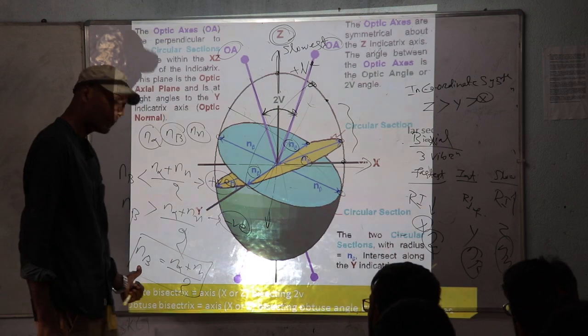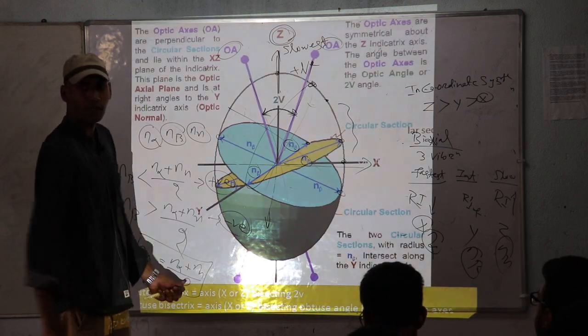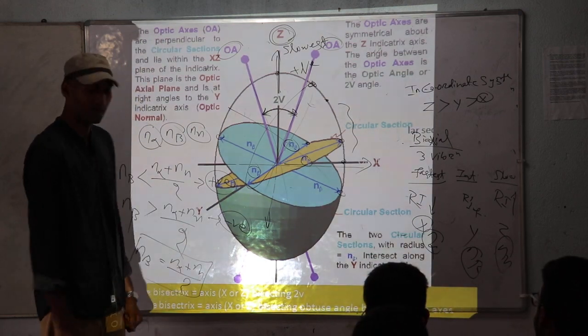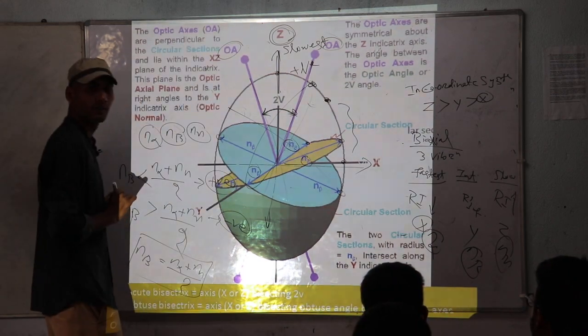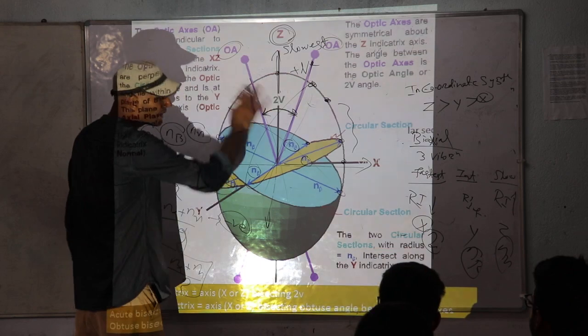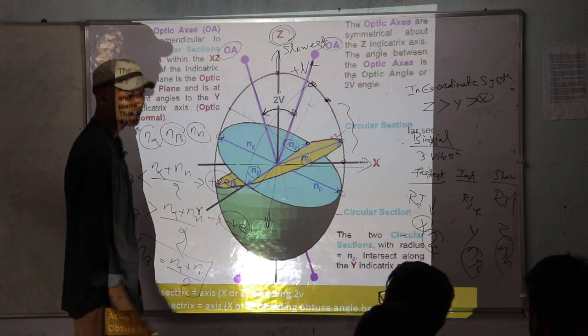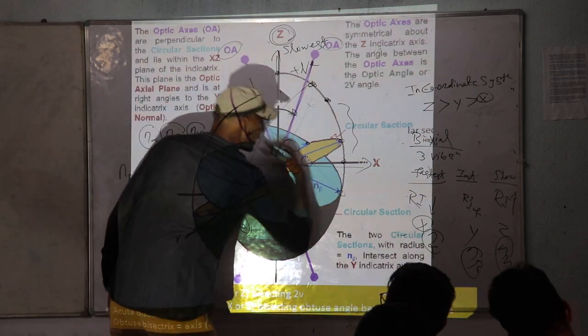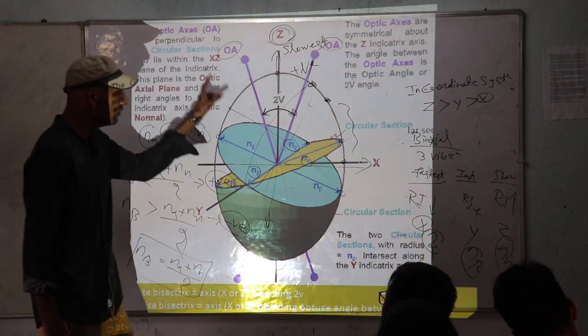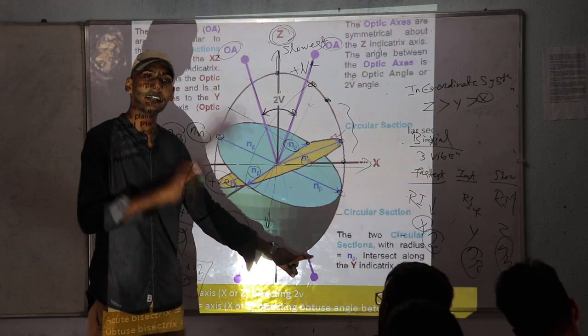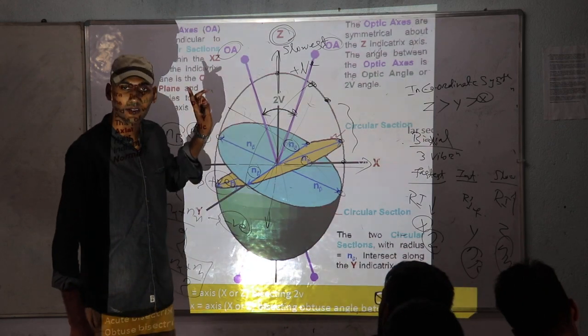When the intermediate value is exactly the midpoint of the lowest and highest values, you get the circular sections at this point. Here the circular sections are perpendicular to each other. One is like this, one is like this. Both circular sections contain the optic axis of the other circular section.